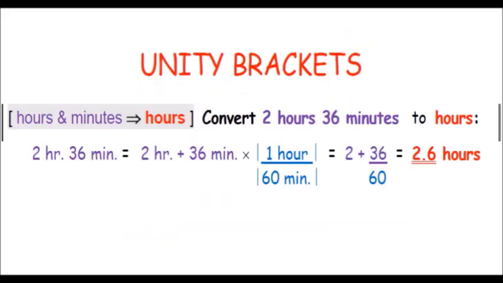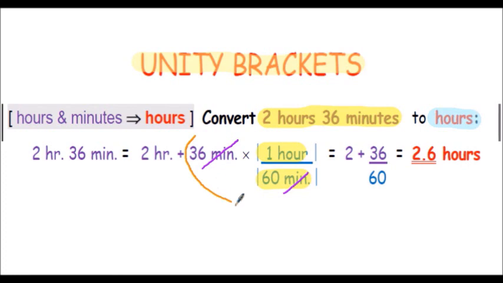For reference, here's the use of unity brackets to structure our conversion. So we're converting 2 hours and 36 minutes into hours. So the unity bracket used here is 1 hour is equivalent to 60 minutes. Remember, these are cancelling unity brackets, so we have to cancel the minutes to leave us with hours. This is the conversion from minutes to hours, of course.